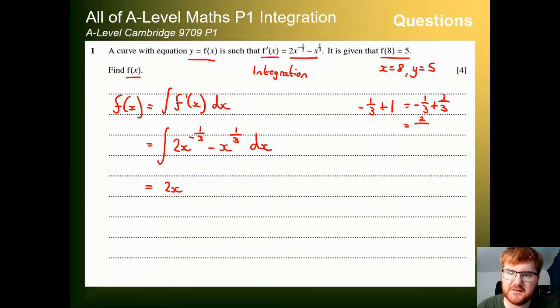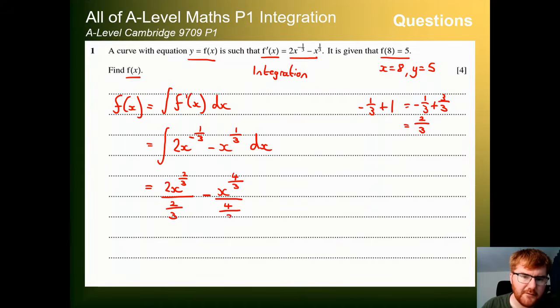That gives us 2 over 3, so we pop 2 over 3 here, and then we divide by the new index, so divided by 2/3. I tend to write it out in this stepped approach so we don't make any mistakes. Here we do something very similar: we add 1 to the index, so a third plus 1 is equal to 4 over 3, and then we divide through by 4 over 3.